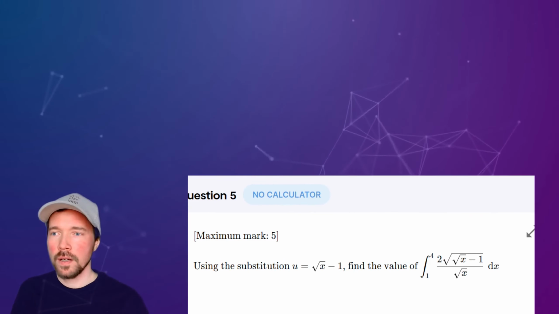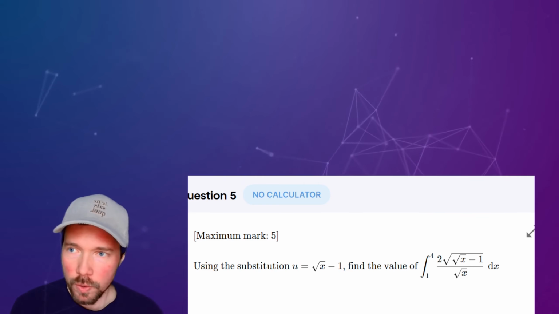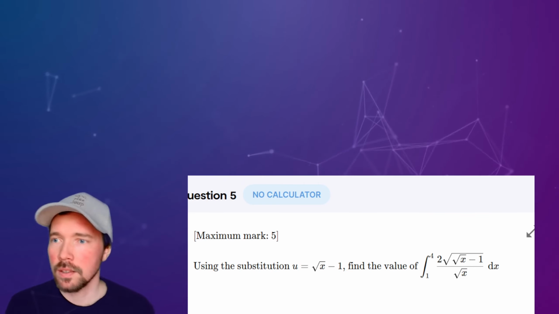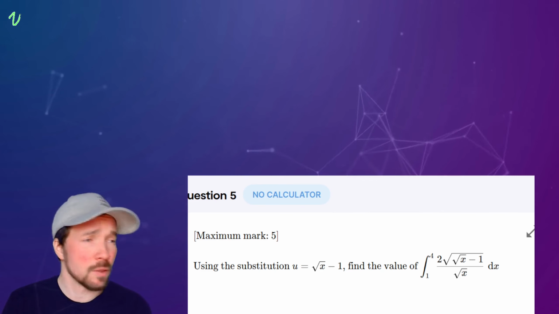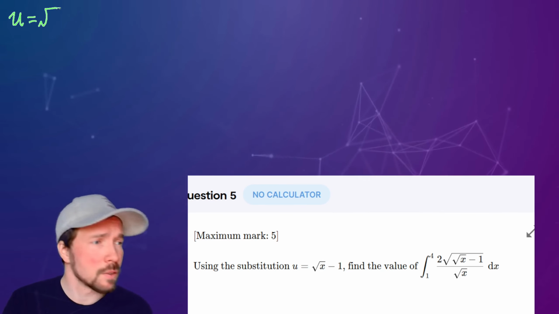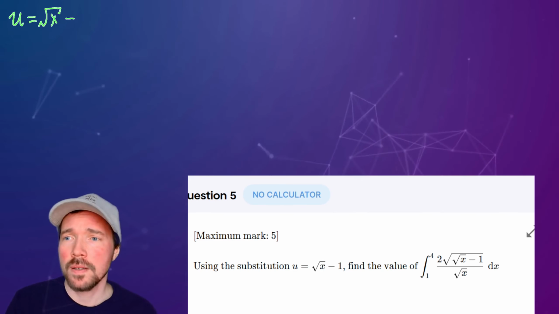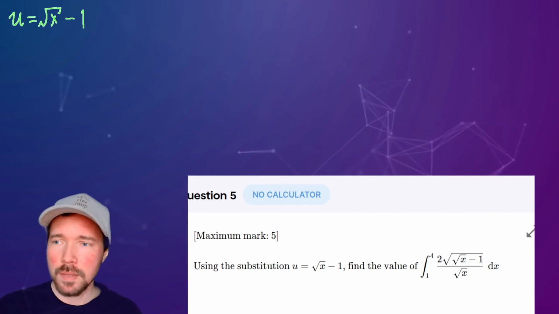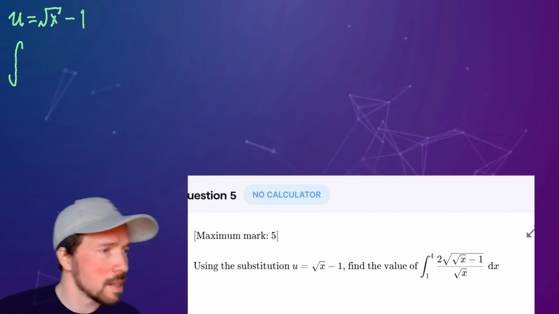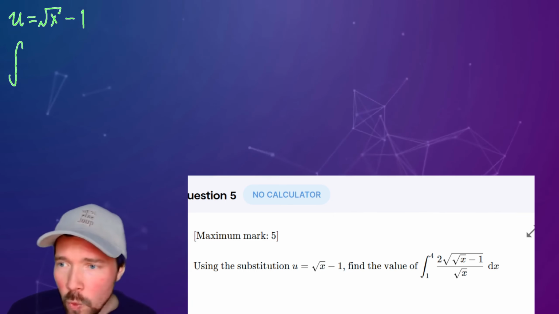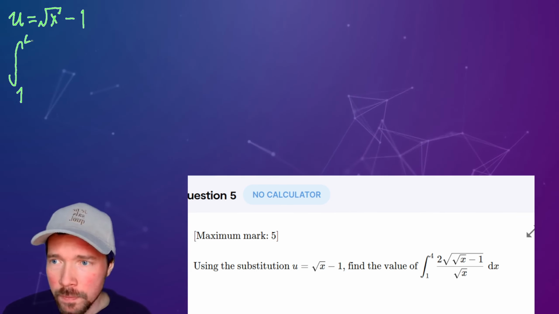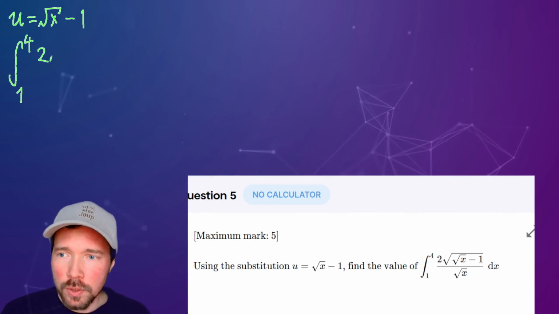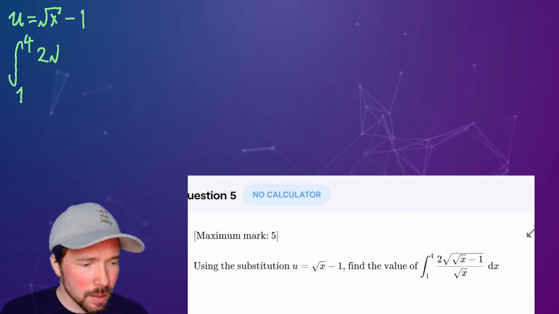Okay, so substitution. We are given a hint that we should be using u equals square root of x minus 1, and the integral I'll have to calculate is right there, but let me just rewrite it here for myself. From 1 to 4, 2, and I'm going to plug in this u, right?